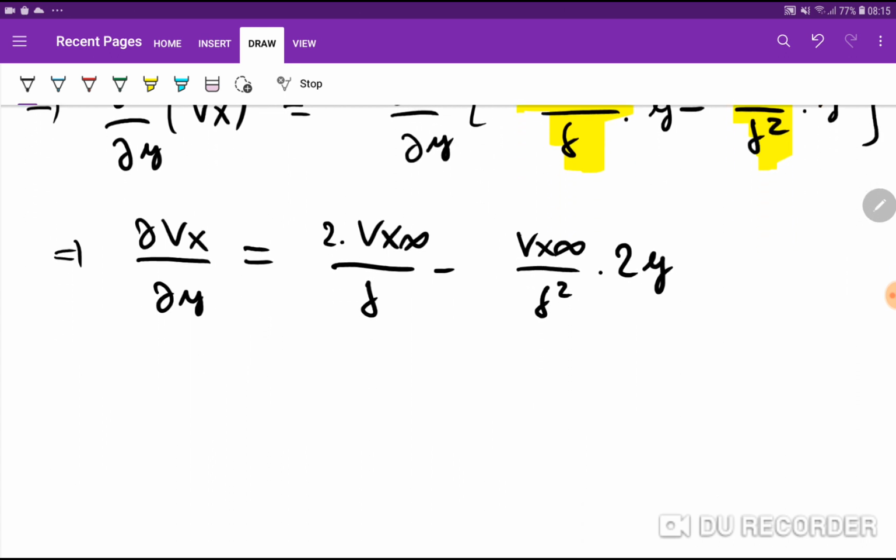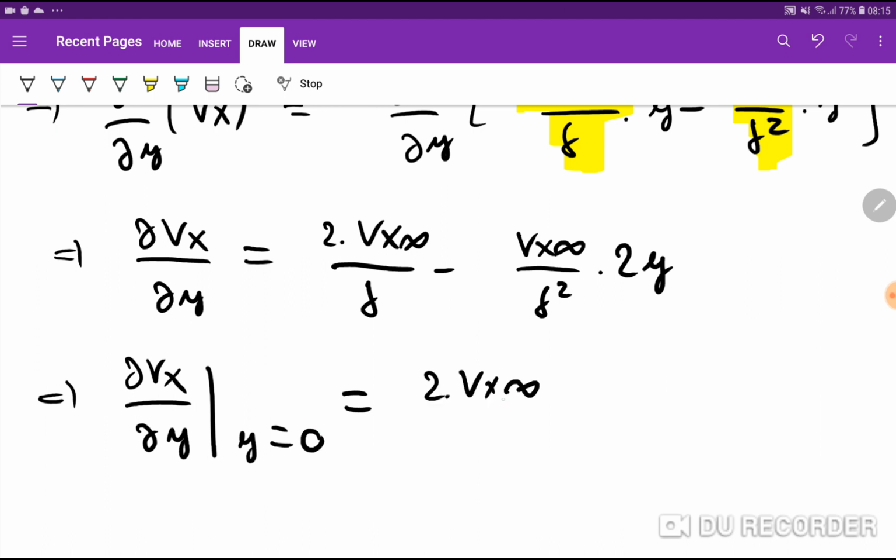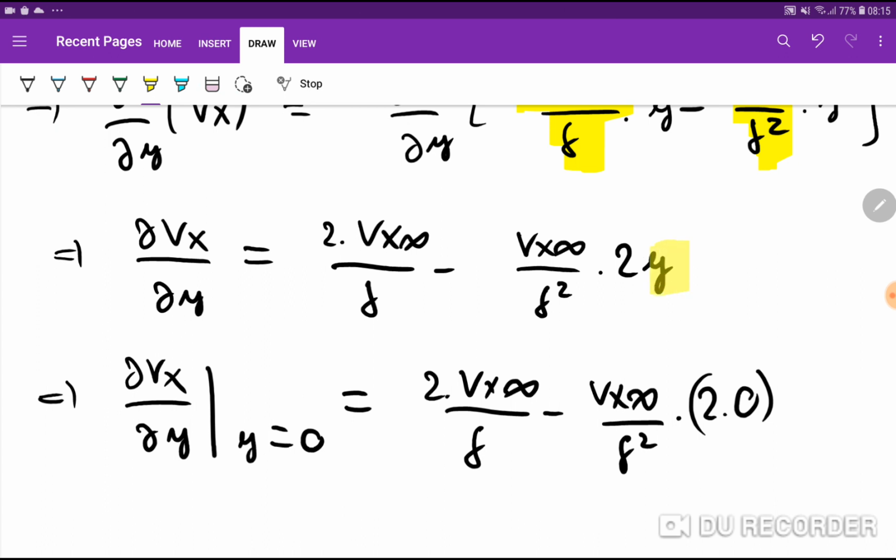So what is the partial Vx with respect to y at y equals 0? It equals 2 times Vx infinity over δ minus Vx infinity over δ squared times 2 times 0. You substitute 0 for y, and so you get 2 times Vx infinity over δ.